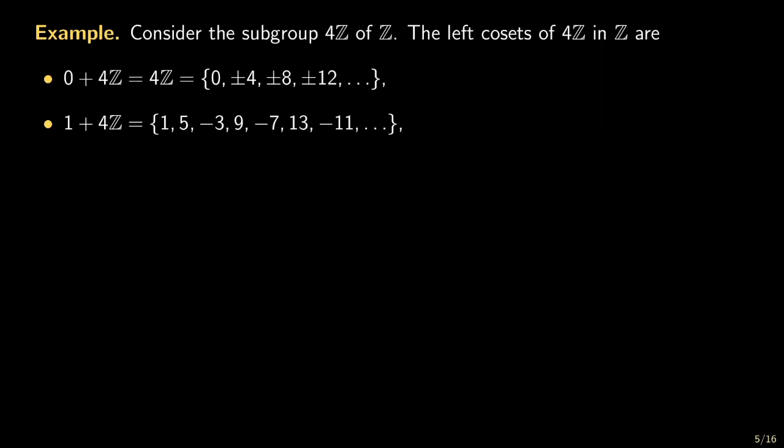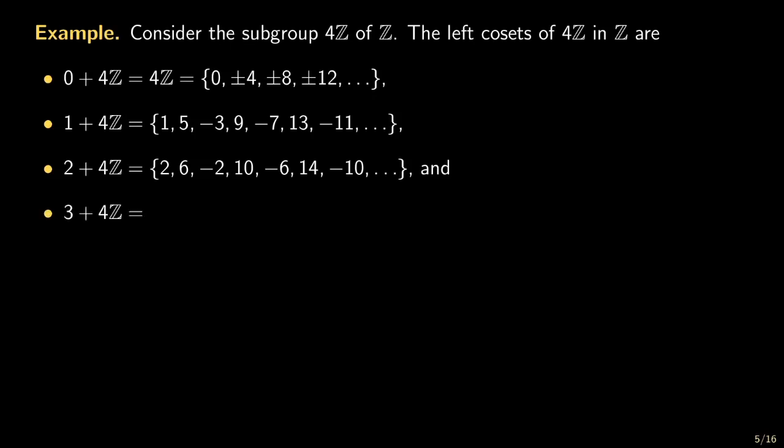How do you describe these elements? These are the elements which are 1 more than a multiple of 4. Or these are the integers that leave a remainder of 1 when you divide by 4. You can also add 2 on the left, and this gives you the integers which leave a remainder of 2 when you divide by 4.